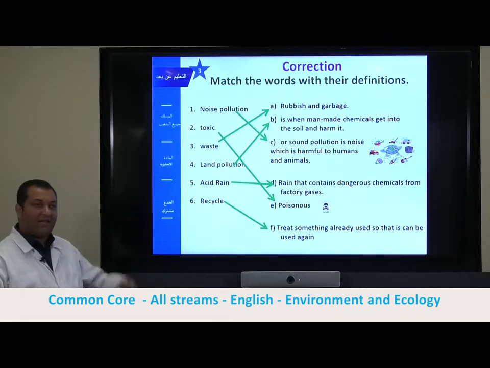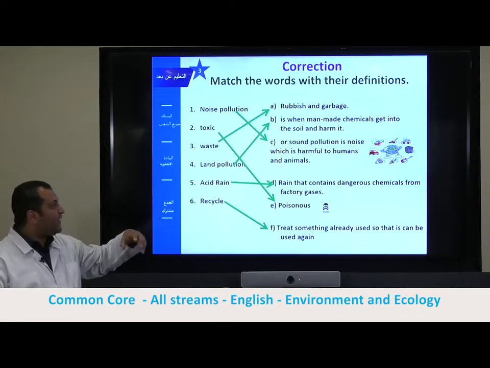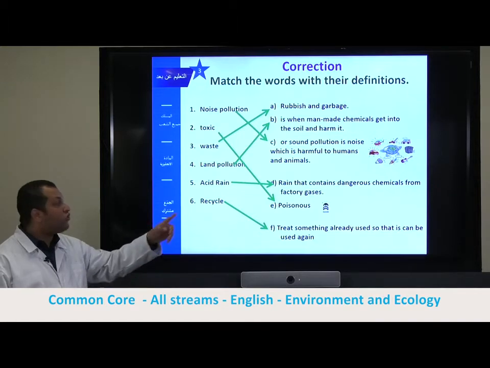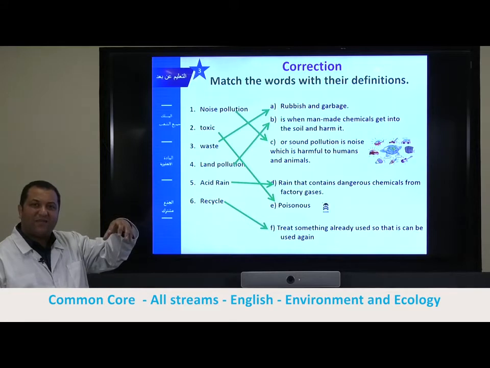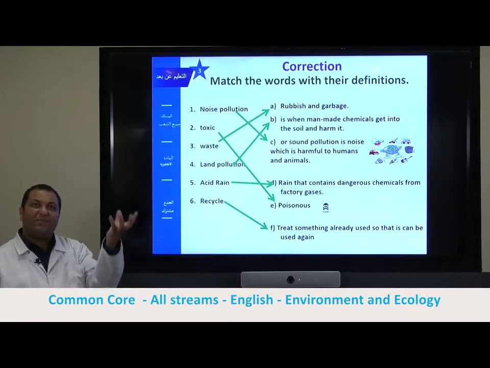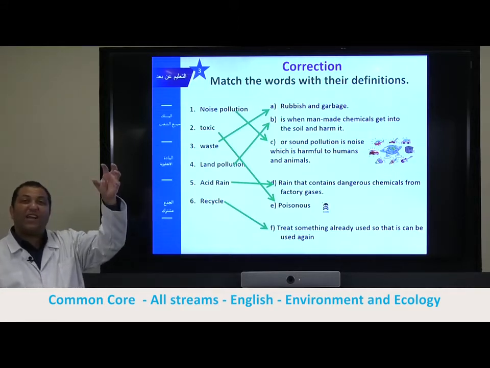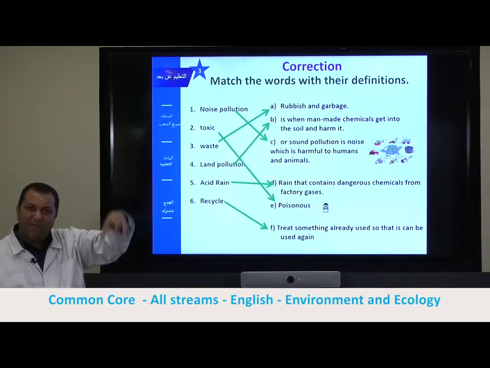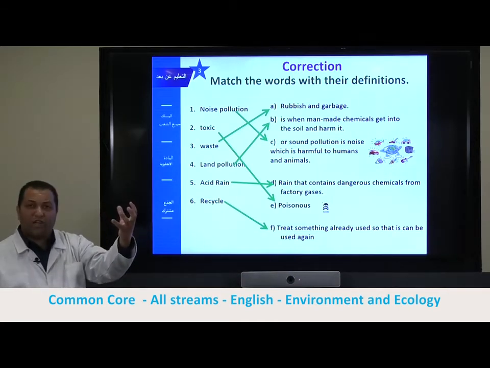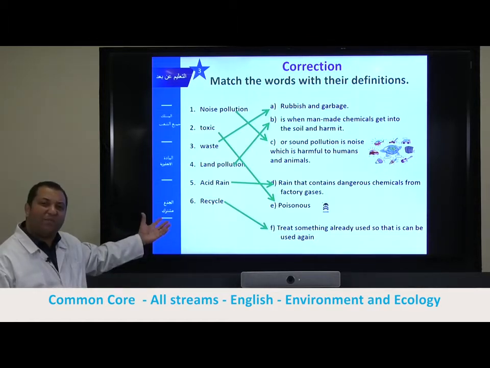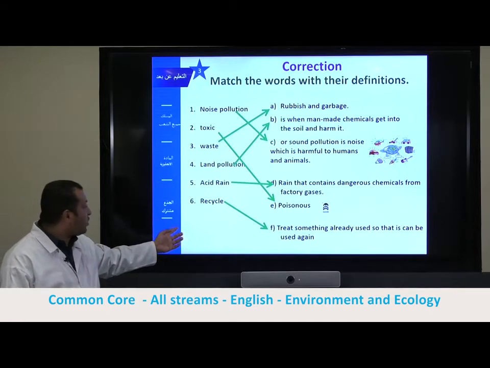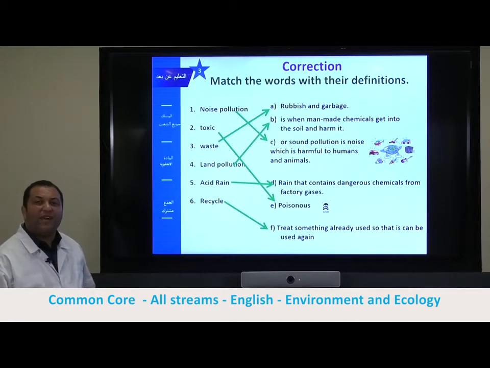Acid rain is the rain that contains dangerous chemicals from factory gases. So the factories emit the smoke, and when it rains, the water is mixed with these toxic gases and it makes what we call acid rain.